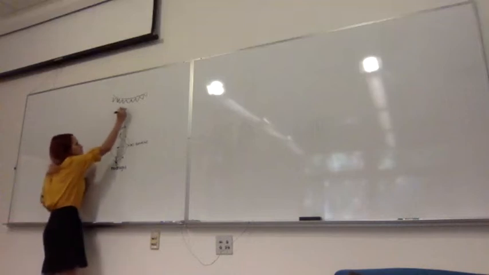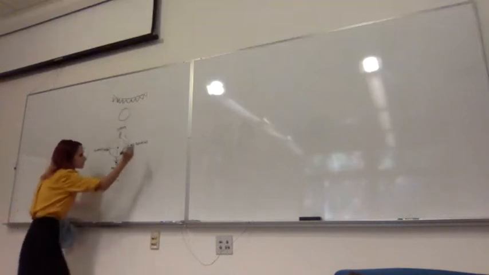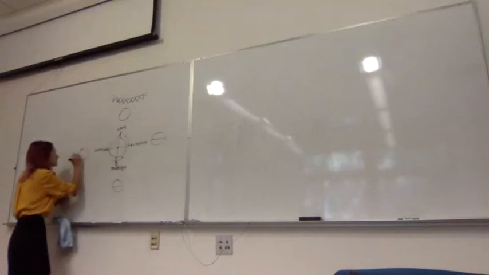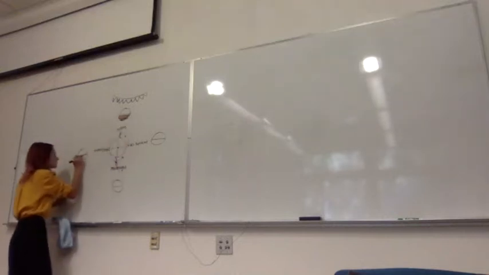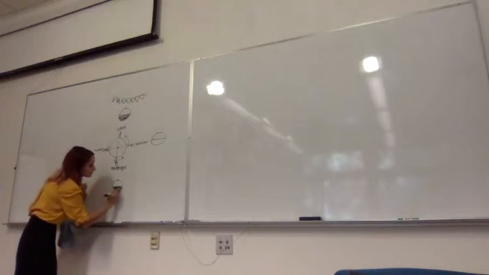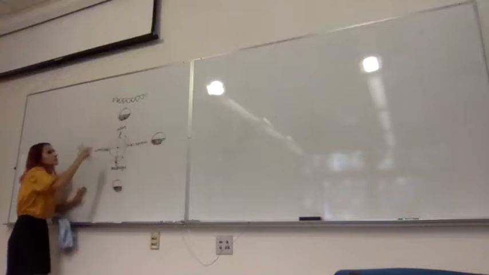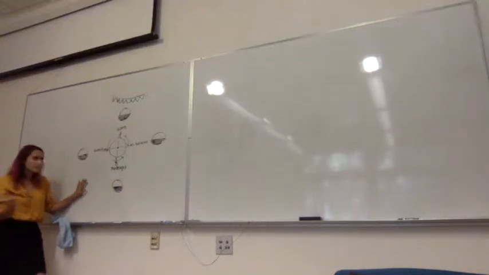Now we're going to draw our moons. So the sun only lights up the half of the moon that's facing it. So if this guy looks up at the moon, what does he see? Nothing, right? It's just black. So what type of moon is that? New moon.